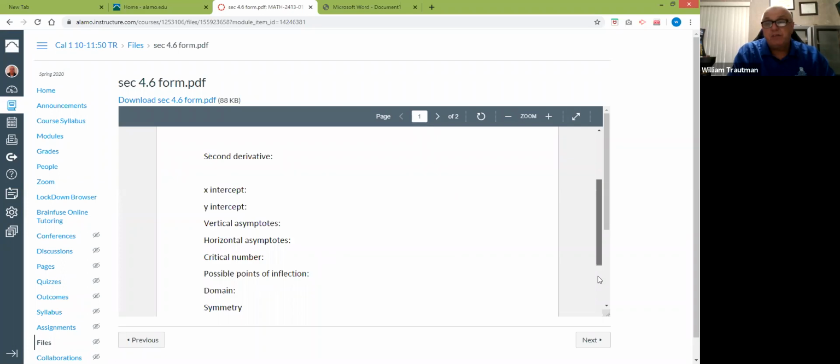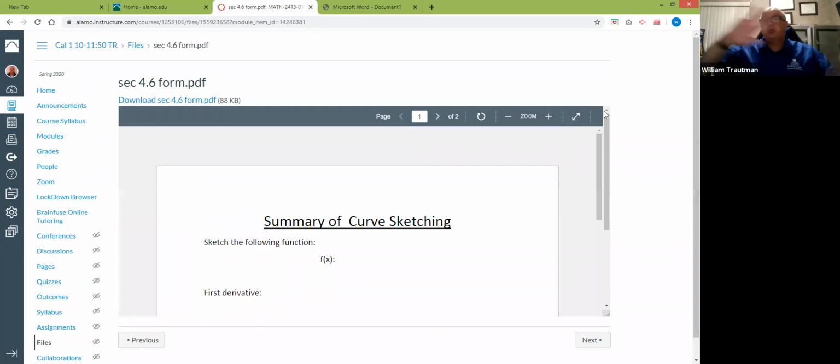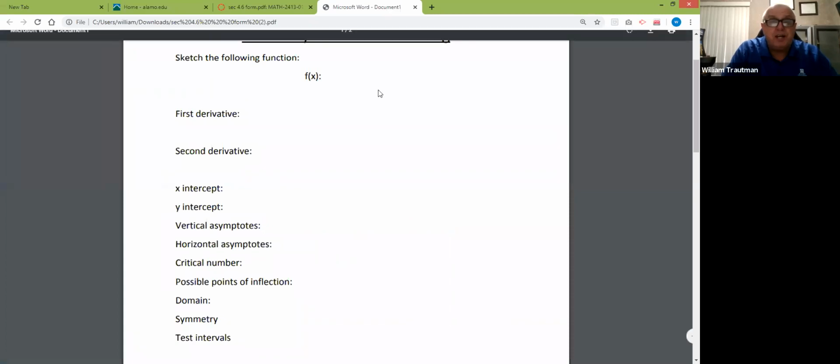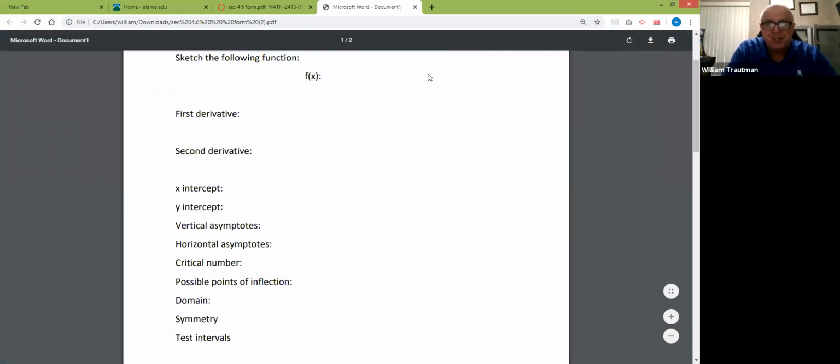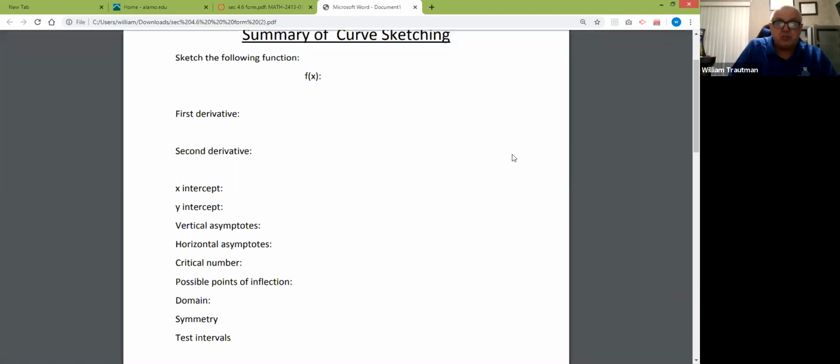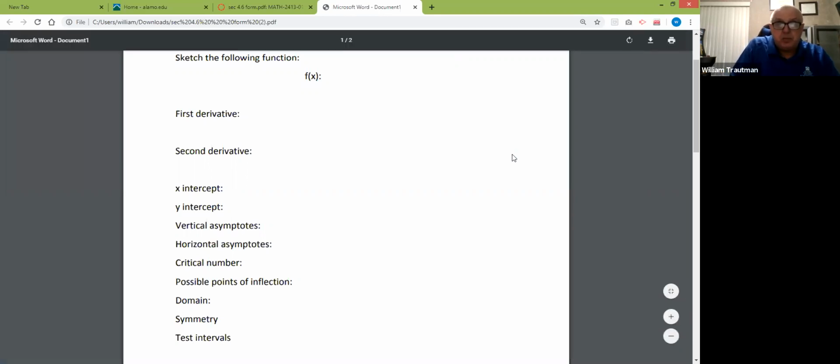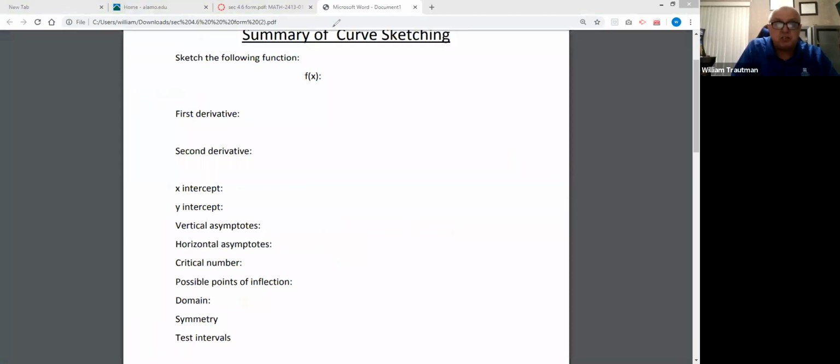Now, normally for me, it takes 1 or 2 boards to do this problem. So I'm going to try to abbreviate it in some way by not taking the derivatives. I'm just going to write down what the book says, because just the derivatives themselves were going to take me a whole board to do.